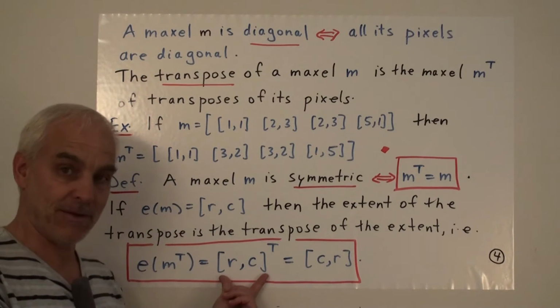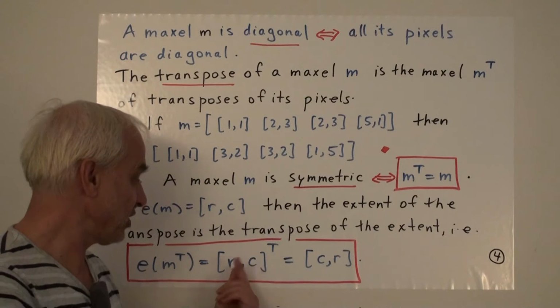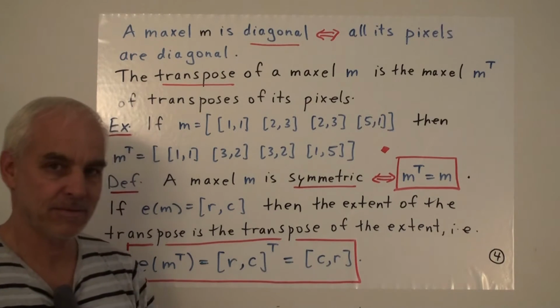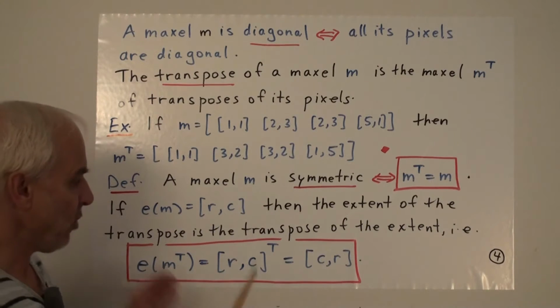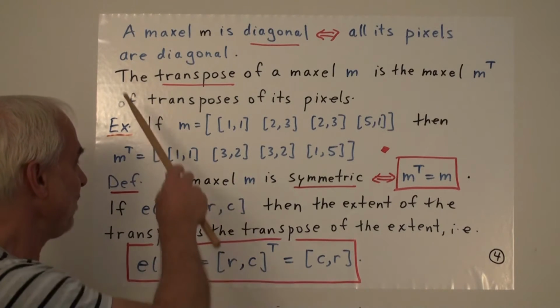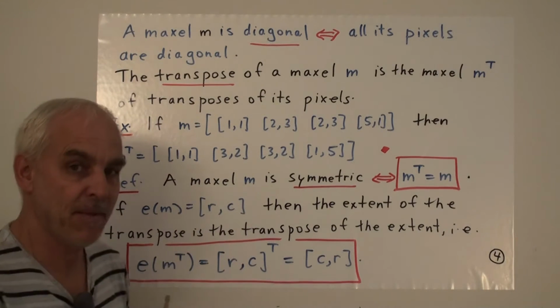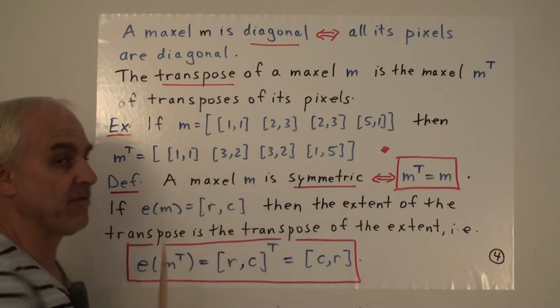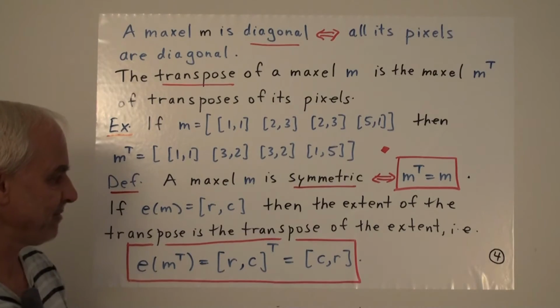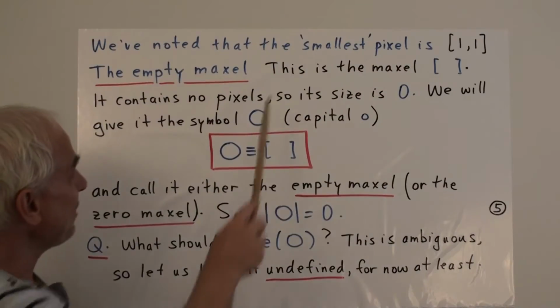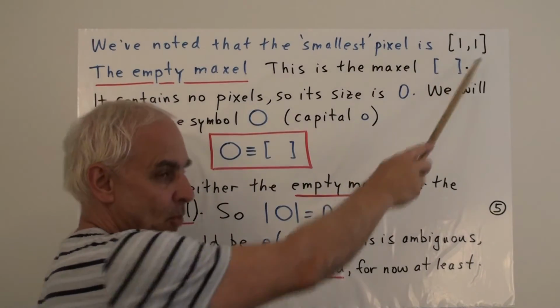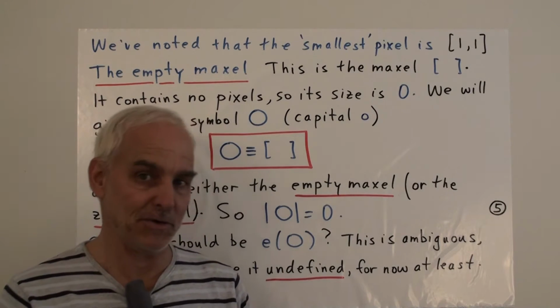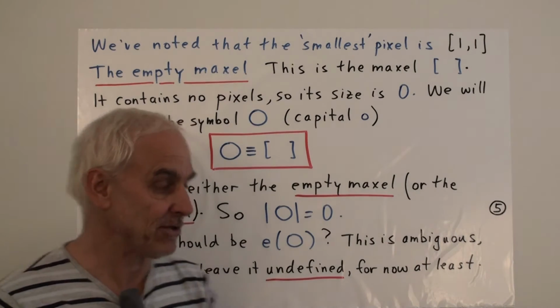Now this is just a pixel, so its transpose is just CR. So if a Maxwell has extent 5, 3, then its transpose will have extent 3, 5. Makes sense. We've noted already that the smallest pixel is 1, 1, because we're not allowing 0 for the entries of pixels.